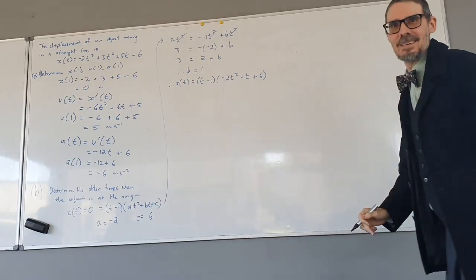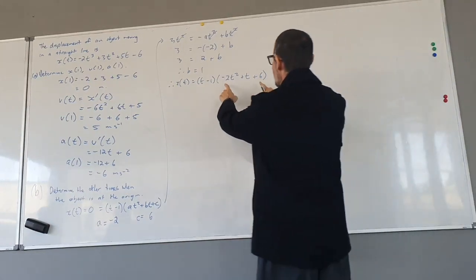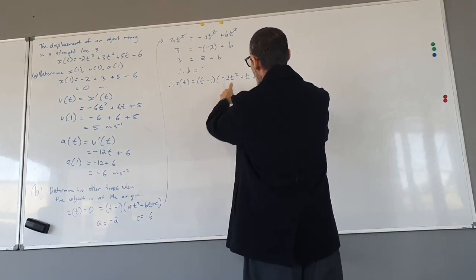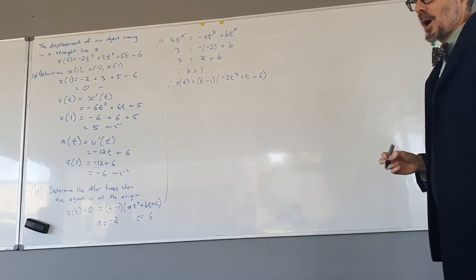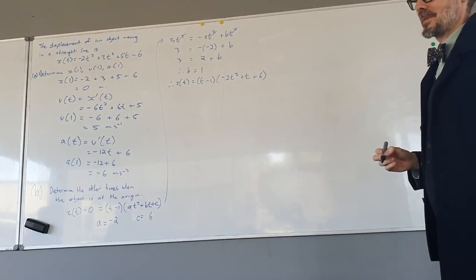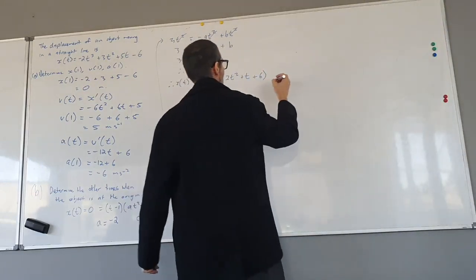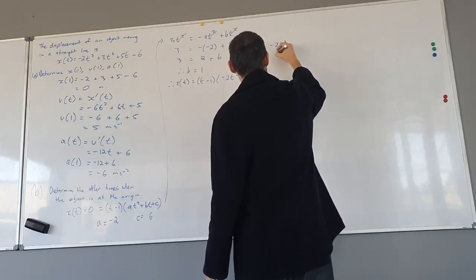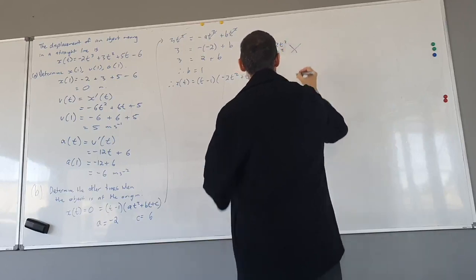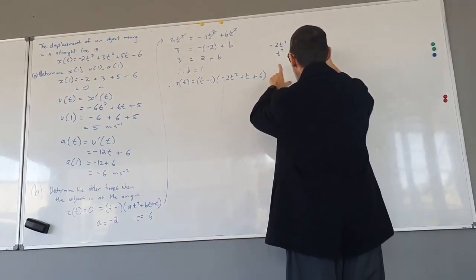Okay, factorise this. Two numbers that multiply to negative 12 and add to 1. 4 and 3? Yep. Okay, I'll do it my way. I've got negative 2t squared and t squared, and I want to get 4 and 3.